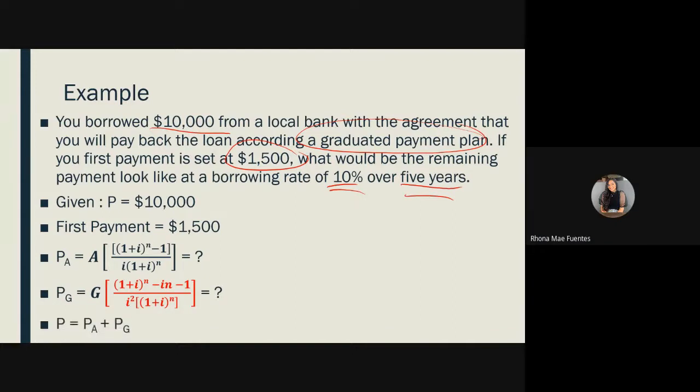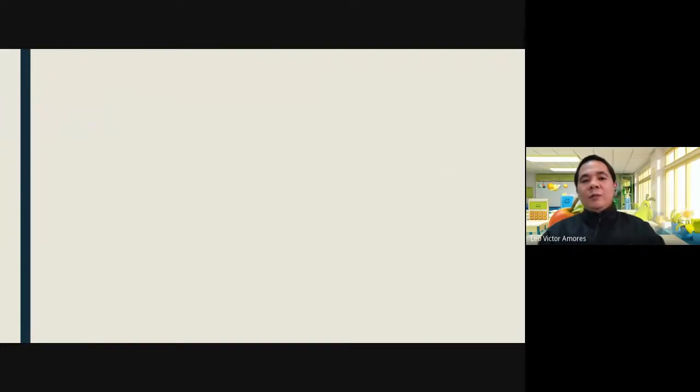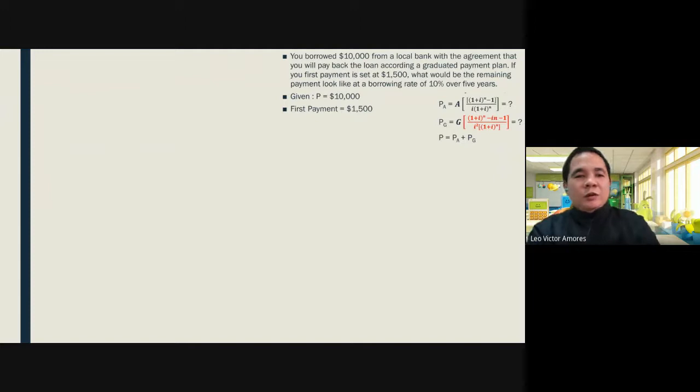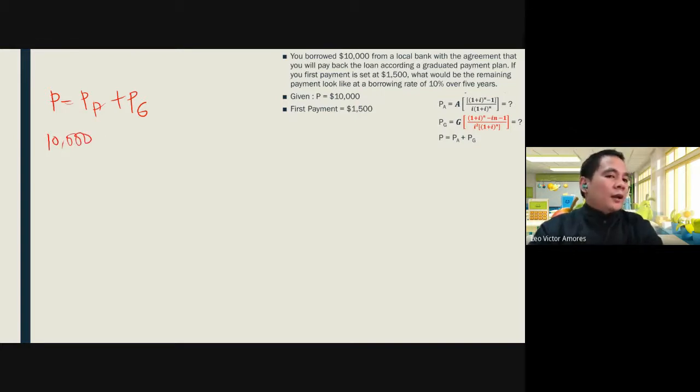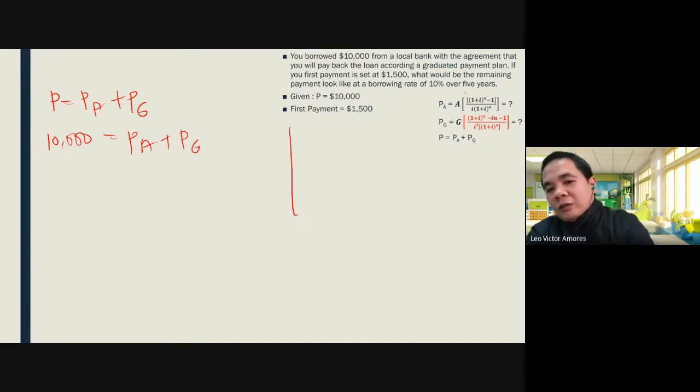So let's solve the problem. Basically, P is equal to P of A plus P of G. Your P is equal to how much? 10,000, plus P of A plus P of G. Looking at your annuity, looking at the cash flow, 1, 2, 3, 4, 5.